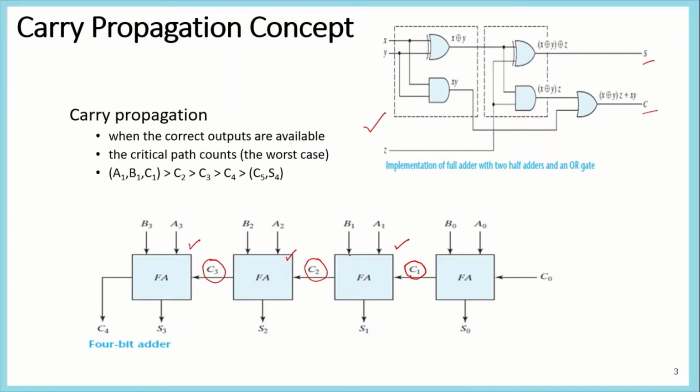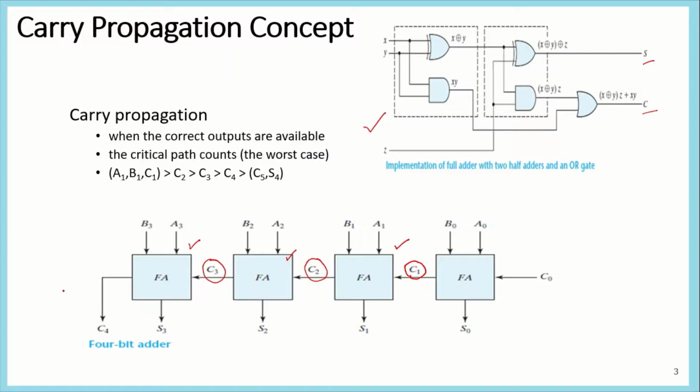This process seems to be quite simple, but in terms of implementation, you have to design a circuit as fast as possible, because this full adder's functionality is dependent on the previous full adder, similarly for this and this.